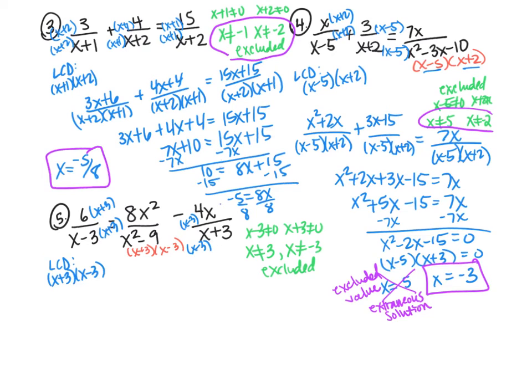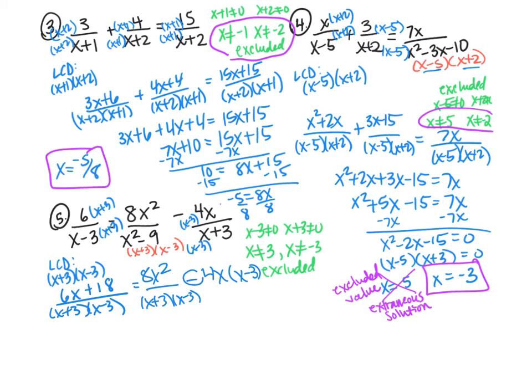So now that I have done that, I need to go ahead and distribute. So I'm going to end up with 6x plus 18 over that x plus 3, x minus 3 equals 8x squared over that x plus 3, x minus 3 minus 4x times x minus 3.